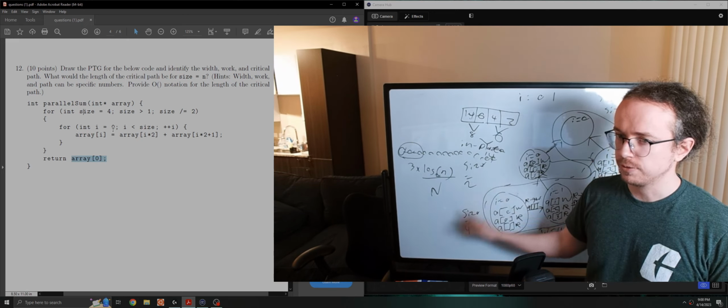The second thread, so thread ID 1, needs to start here. It needs to start at A plus size over t and count until A plus 2 size over t, right? It's the second third.